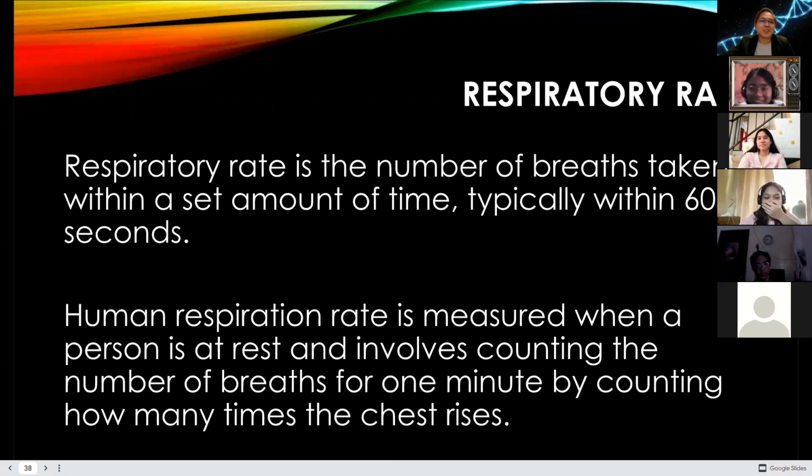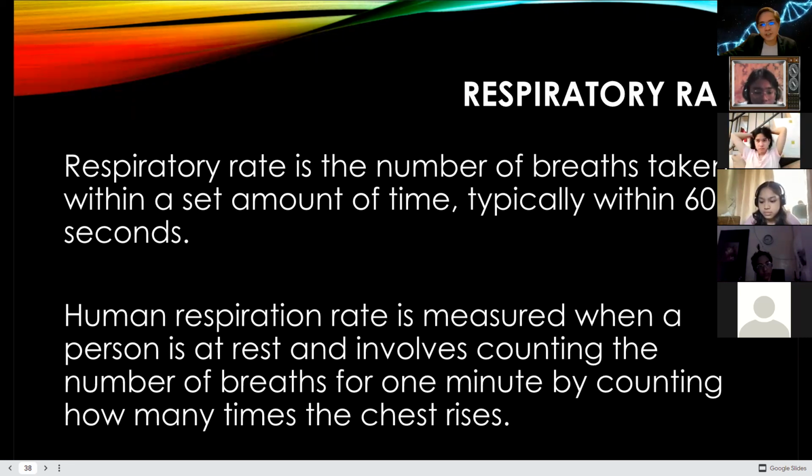Respiratory rate or RR is the number of breaths. We usually term in the medical field respiratory rate as RR. Heart rate is HR.